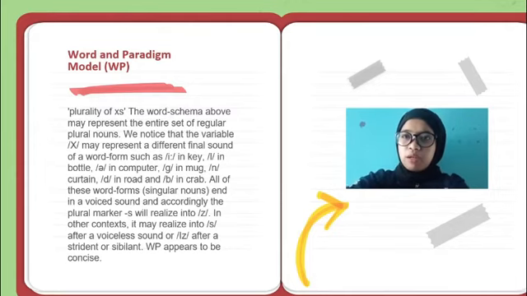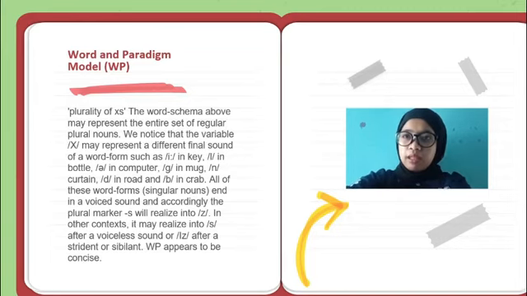Based on this model, the plural nouns doors, bottles, computers, mugs, curtains, roads, and crabs, for instance, can be presented in the word schema below.